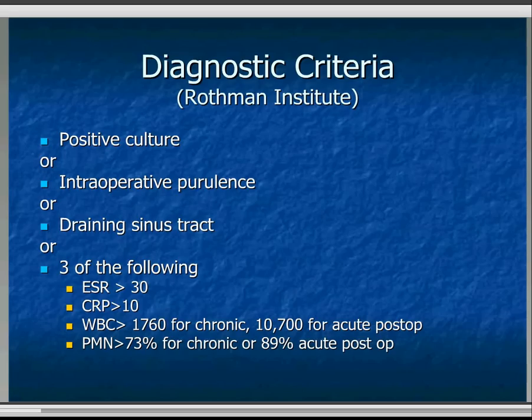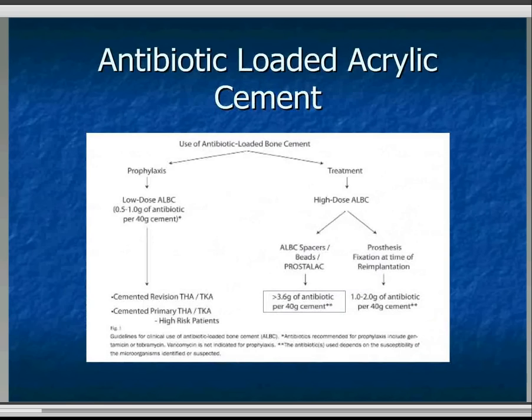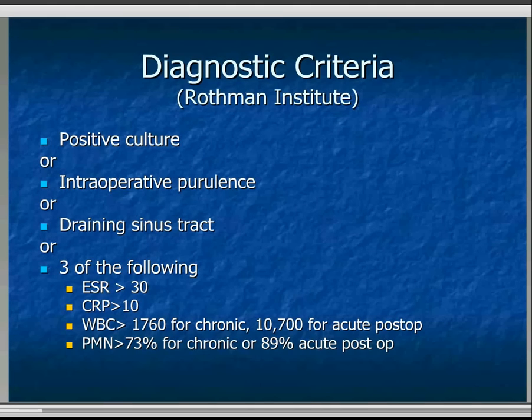So everyone should have in their head a set of diagnostic criteria. What equals a deep infection? The Rothman group have suggested that anyone who has a positive culture has a deep infection. Anyone who has purulence found at surgery. Anyone who has a draining sinus has a deep infection.